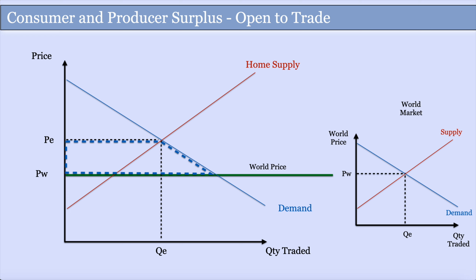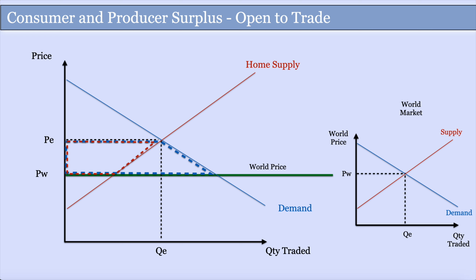Now, what about this whole area here? Well, the poor old producers in the home market, which had that as a surplus, now only get this. So the home production falls to this point here. I'm not putting those drops down here at the moment. So therefore what you argue is that is the loss of producer surplus.